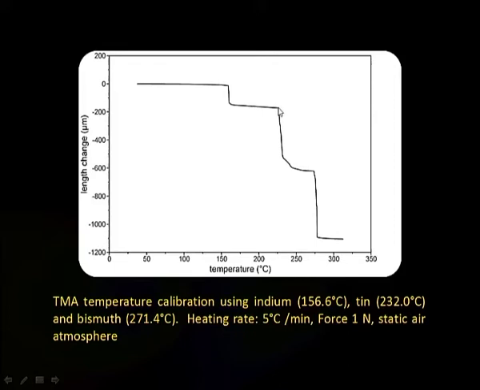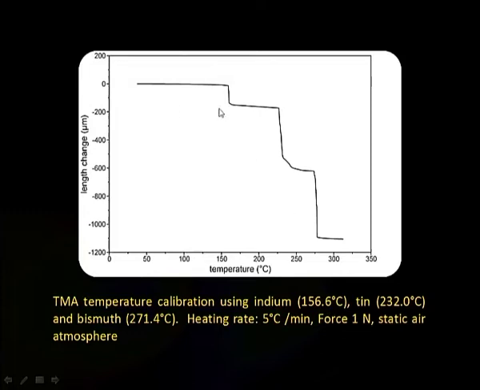Then around 230 degrees we see a change in length and again this becomes more or less constant, and then again at 275 we see a sharp change in length. Now, these three steps clearly indicate that indium, tin and bismuth are showing the change in length with increase in temperature.